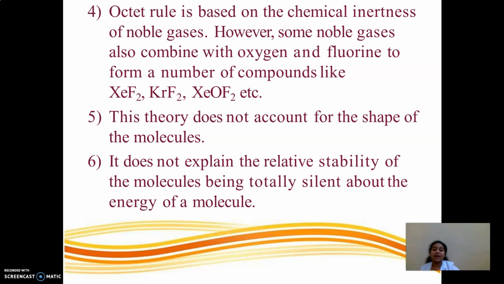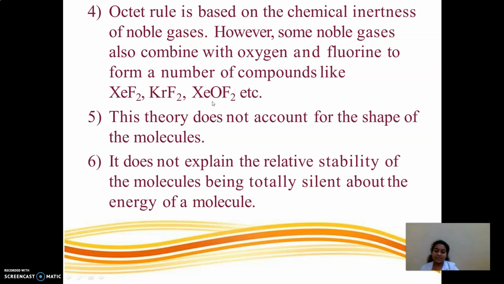But some noble gases do make compounds with fluorine, oxygen, etc. Here you can see the example XeF2. Xenon reacts with fluorine to give xenon fluoride, krypton fluoride, xenon oxyfluoride. You can see these noble gases also form compounds. This is also an exceptional case, since the octet rule states that noble gases will not undergo any reaction.